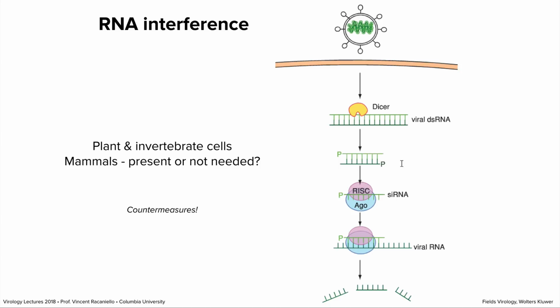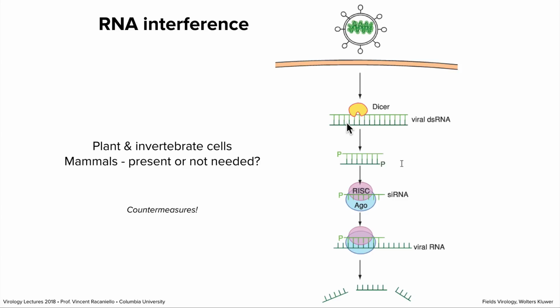A few examples. One is RNA interference. This is a form of intrinsic defense that is certainly present and has been demonstrated in plant and invertebrate cells. And it consists of a system wherein an incoming virus either has double-stranded RNA in its genome or makes double-stranded RNA during replication.